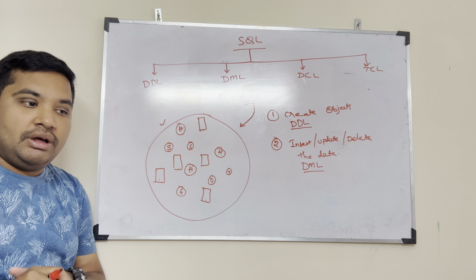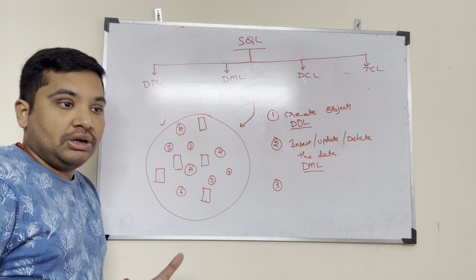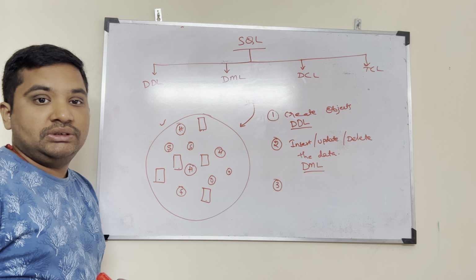The third one is, after allocating all these people into these rooms and everything, we need to give some safety to them, right? Like who can access this particular house or this particular school, this particular hospital, this particular office.